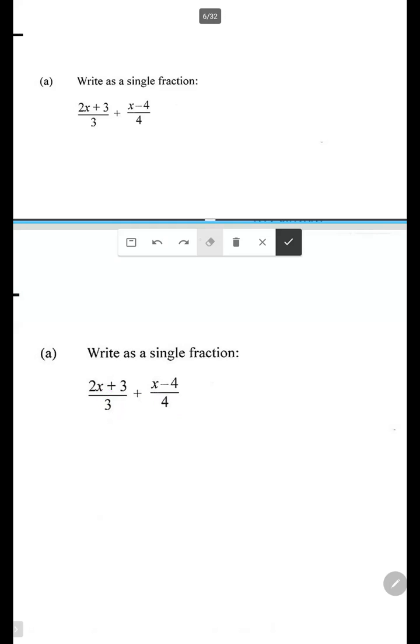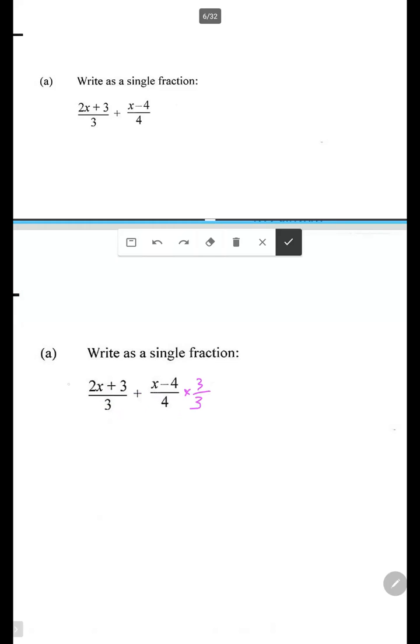So what you can do is multiply this denominator up here and down here, and at the same time multiply this denominator up here and down there. And what will happen is that the two denominators will become the same. So we're going to multiply this fraction by 3 over 3.